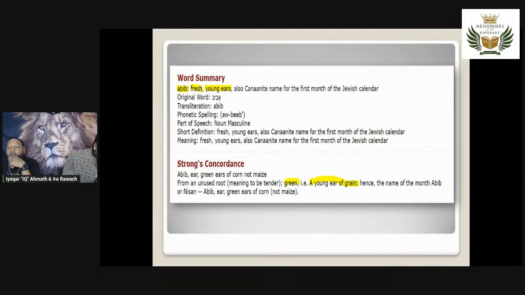So looking up the word Abib, what does it mean? Fresh young ears. Dropping down, it says green, a young ear of grain. That's how we determine green ears of corn, not maize. That's when we start seeing the crop start showing up and budding.